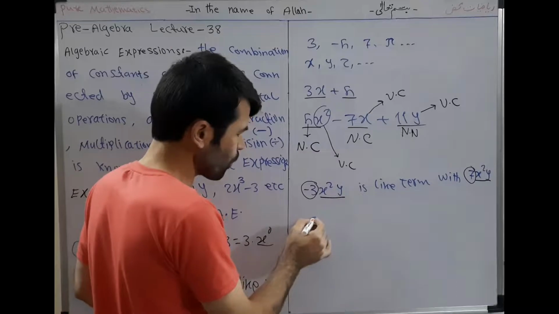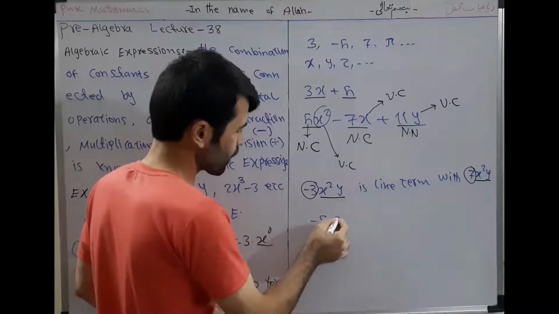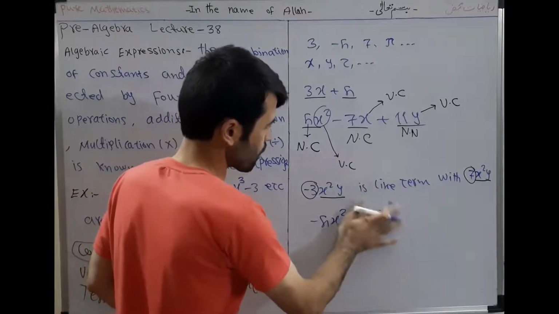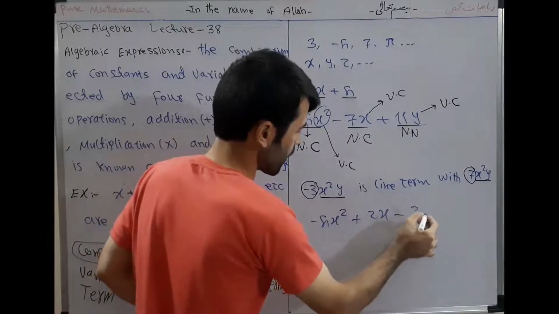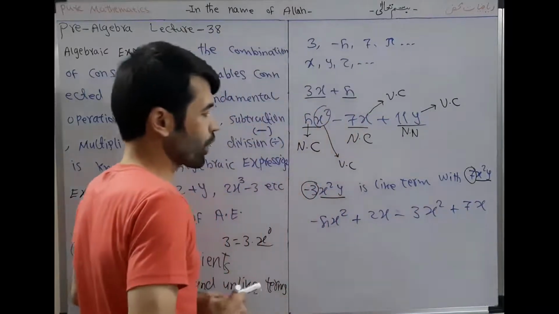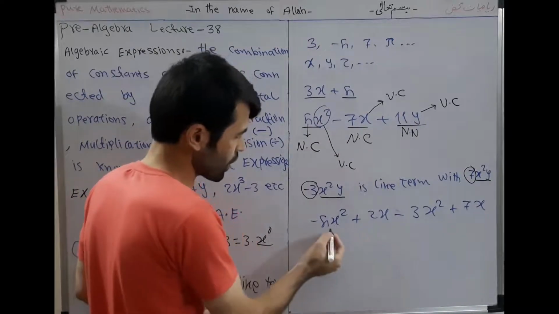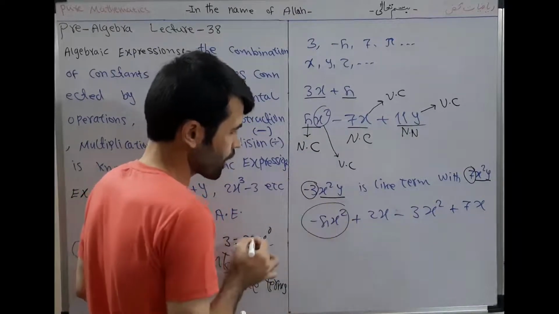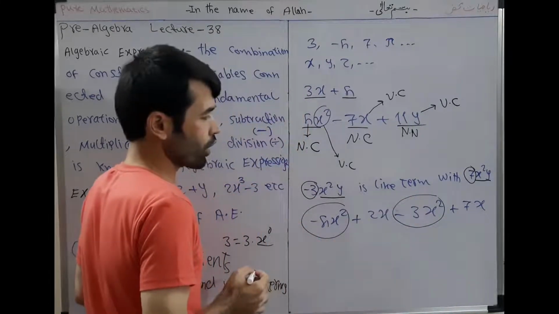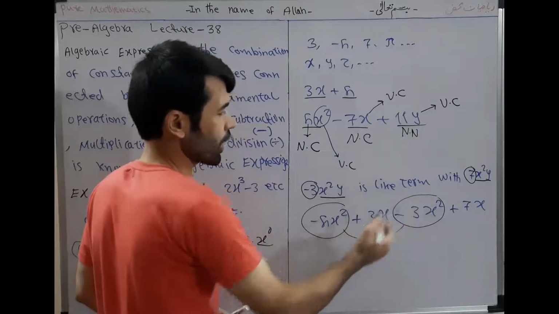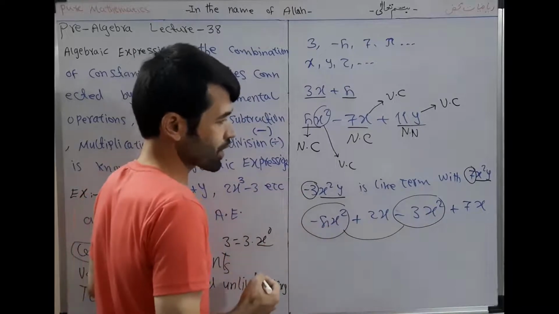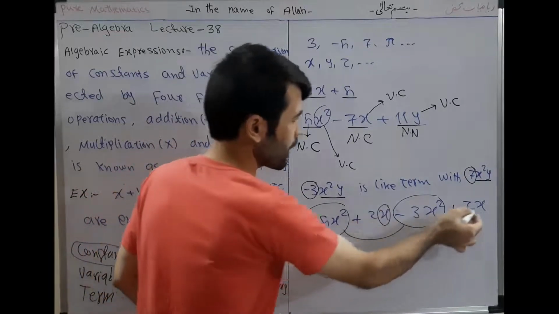Also, we can say minus 5x square plus 2x, minus 3x square plus 7x. Here, minus 5x square is a like term with minus 3x square, because here we have x square and here also x square; here we have x and here we have x.